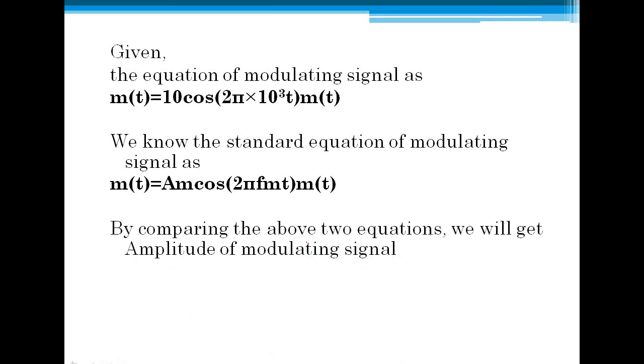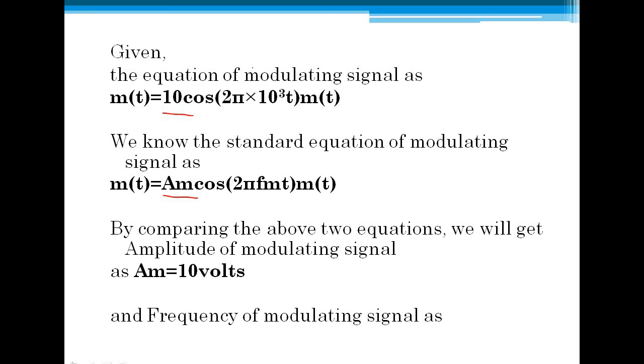The amplitude is 10 volt, we are just doing the comparison, and the frequency term comes out to be 2 into 10 to the power 3. But this 2 into 10 to the power 3 is 2 pi into fm. So my fm comes out to be 10 to the power 3, which is nothing but 1 kilohertz. So the frequency of the modulating signal is 1 kilohertz.